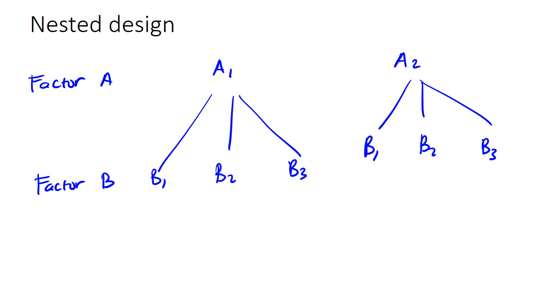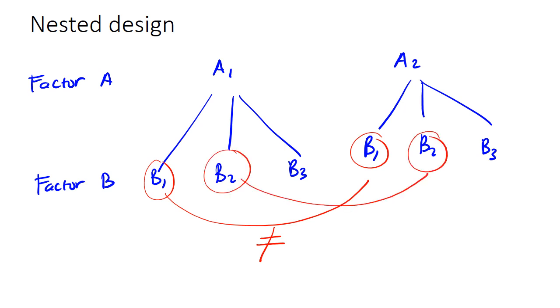In a nested design, the levels of factor B are not identical to each other at different levels of factor A, although they might have the same labels. Let's see an example.